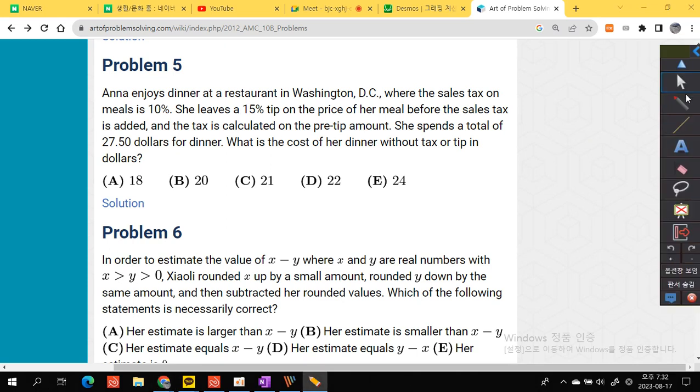So divide 27.5 by 1.25. So what's the quotient?